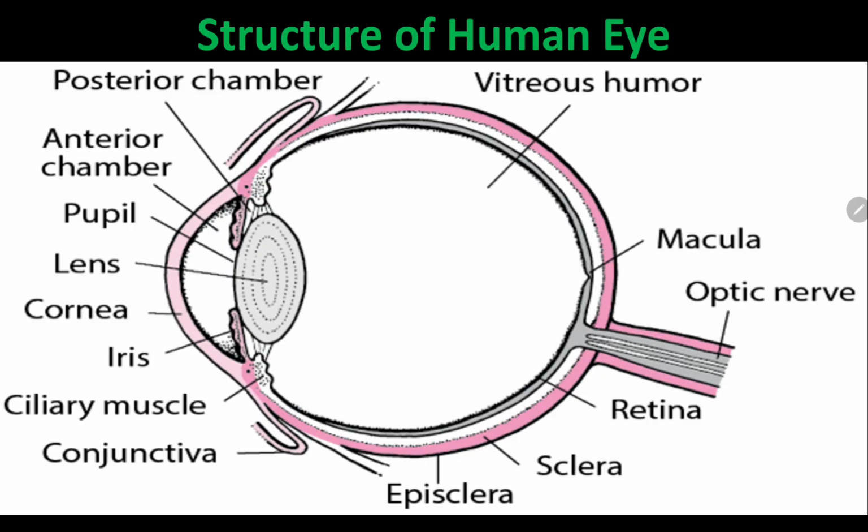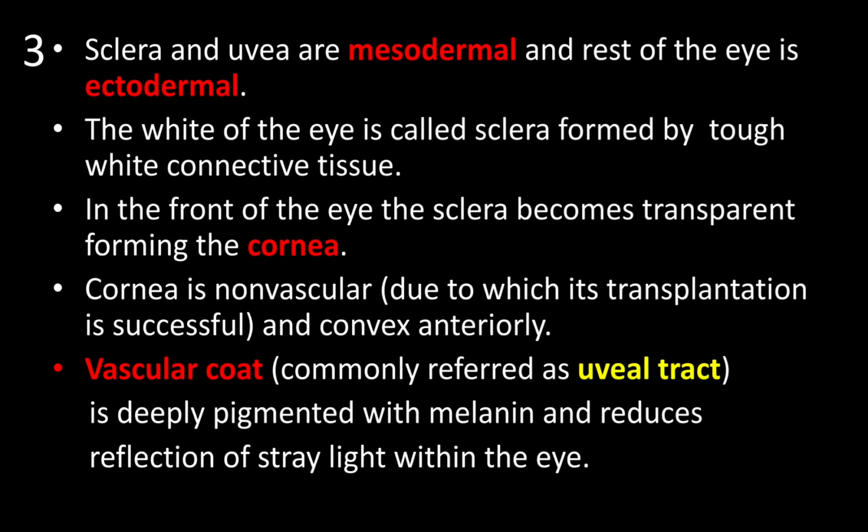Let's start with the outermost layer. That outermost layer is actually called, sorry, the fibrous tunic. This fibrous tunic has two parts. What are those parts, students?